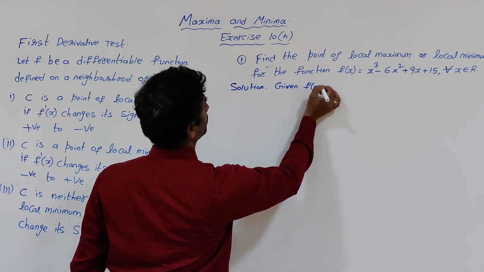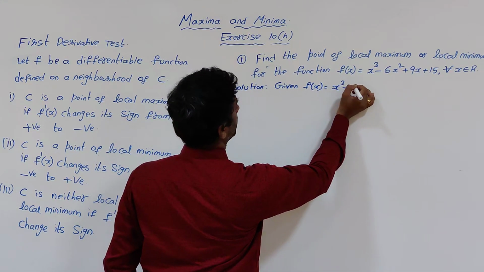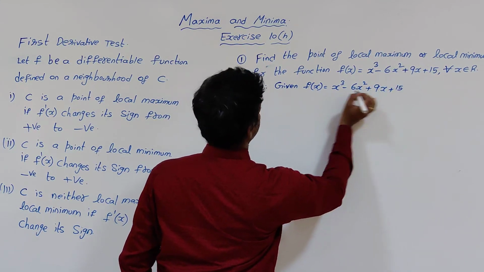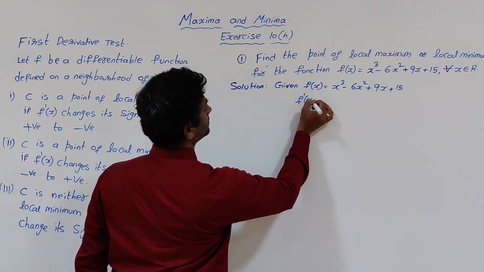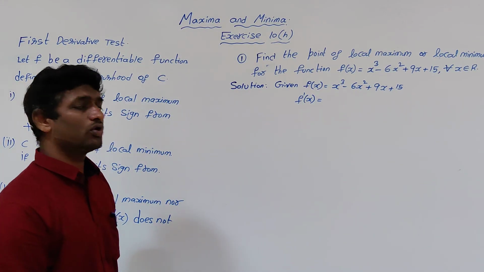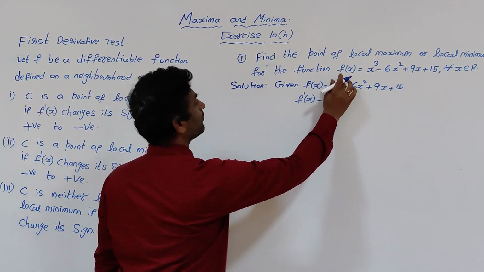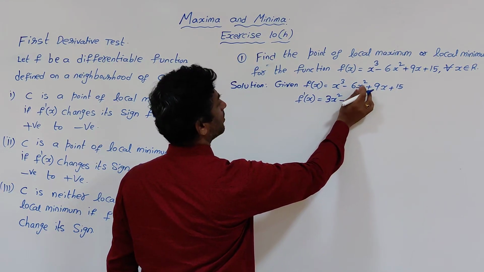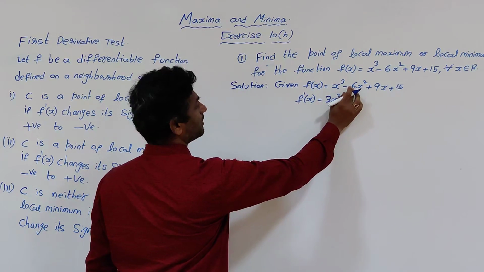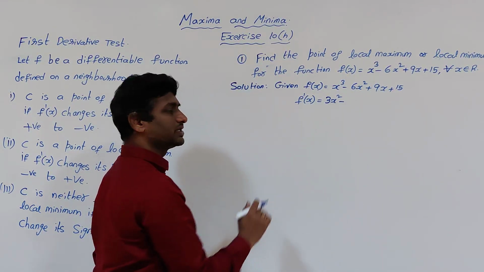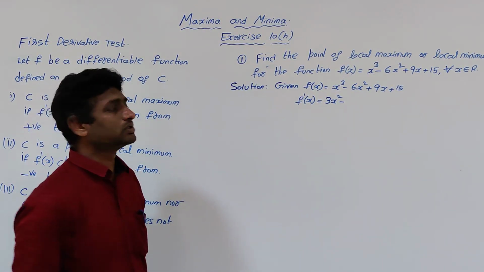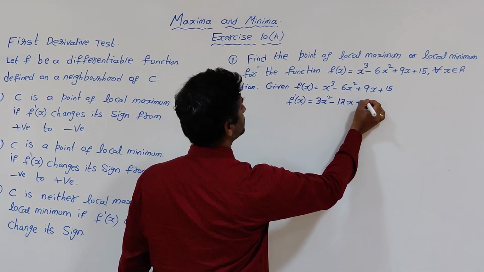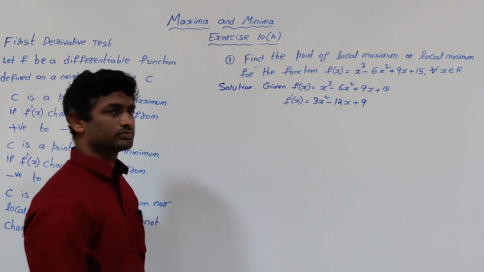f of x is equal to x cube minus 6x square plus 9x plus 15, and f dash of x will be, what is the derivative of this function? Derivative of x cube is 3x square, minus the derivative of 6x square; 6 is a constant, and derivative of x square will be 2x. So overall it will be 12x, plus derivative of 9x is 9 and derivative of 15 is 0.